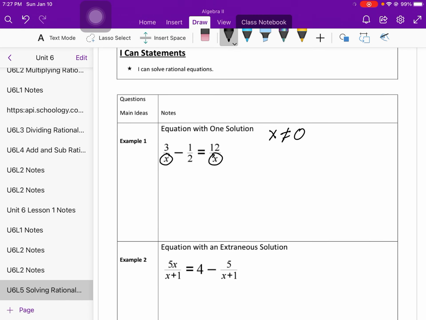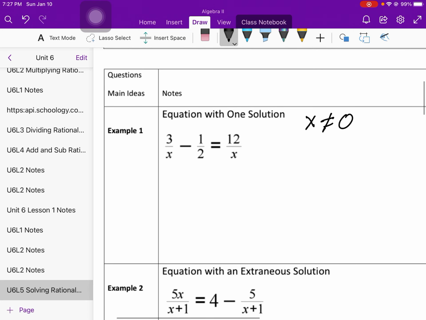So here, for example 1, in order to subtract fractions, because this is an equation we want to solve, remember that when we're subtracting fractions, we need a common denominator. And that's actually what we're going to do for every single fraction here. So notice we have an x and a 2, and then another x.